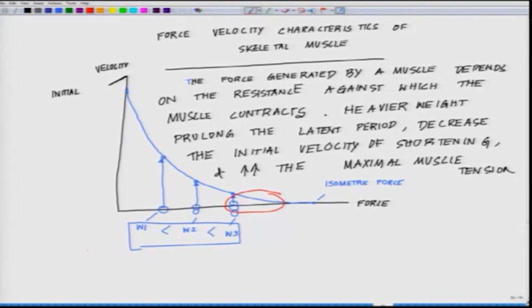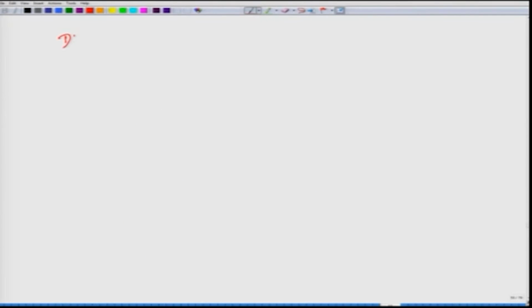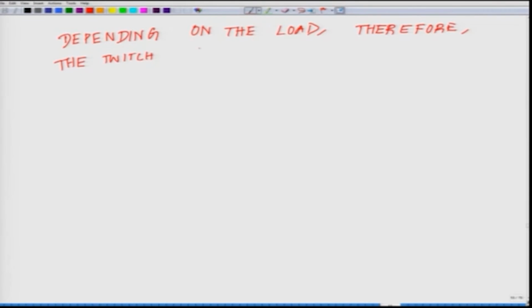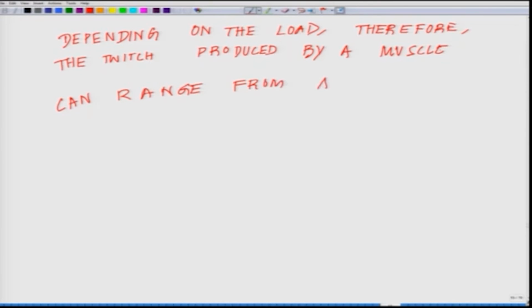maximum muscle tension. Depending on the load, therefore, the twitch produced by a muscle can range from a high force, okay, low velocity, okay.